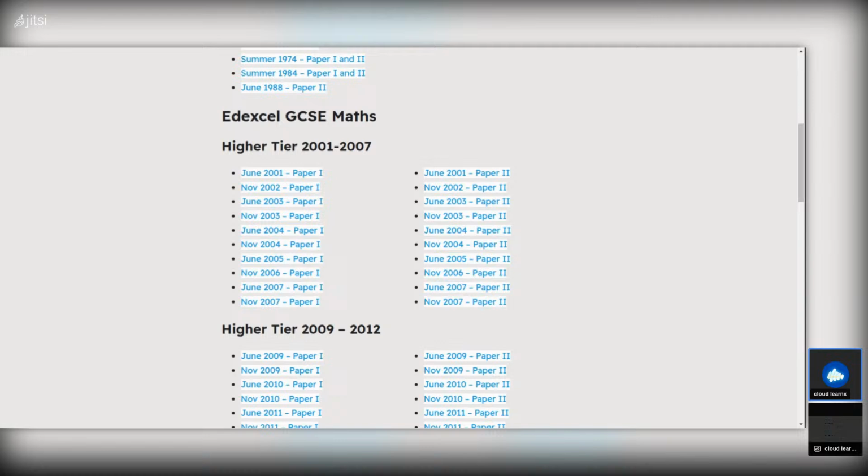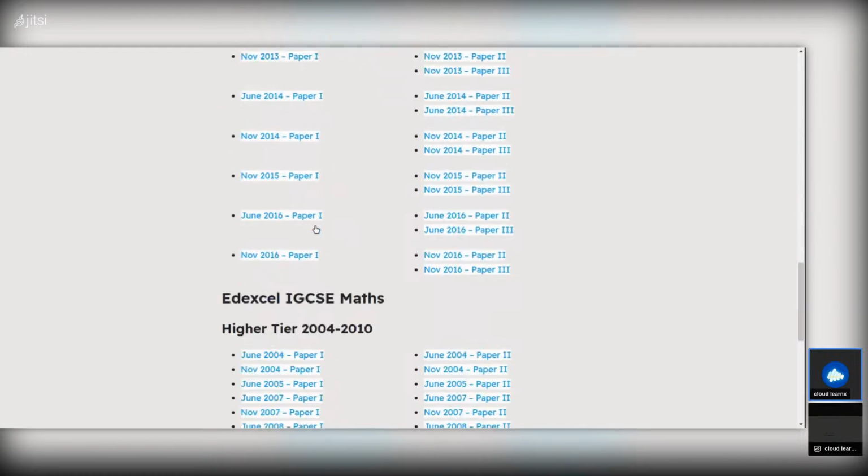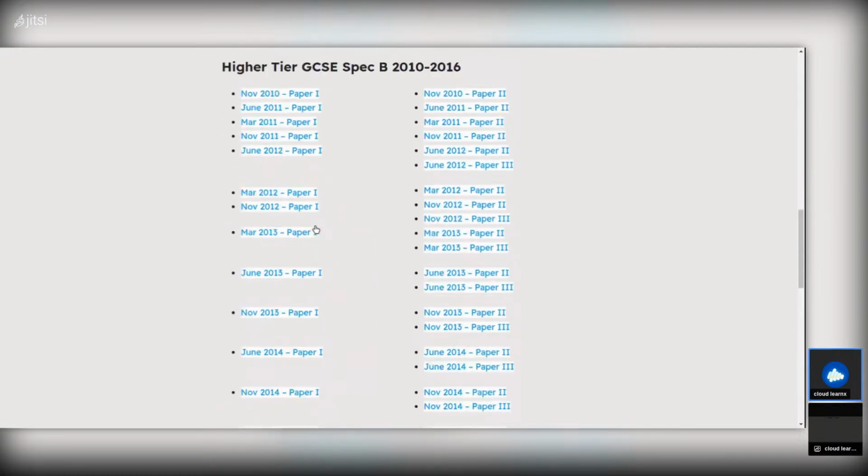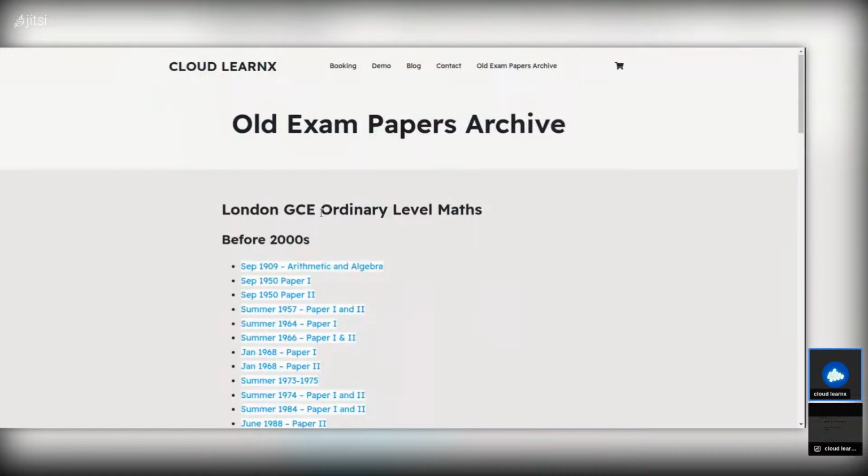But the old exams have really nice questions, like I said, gems of questions where it tests your fundamentals. So I would recommend trying some of these questions to improve your higher tier capabilities on tackling higher advanced questions.